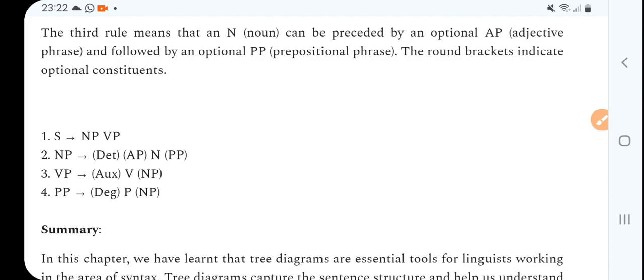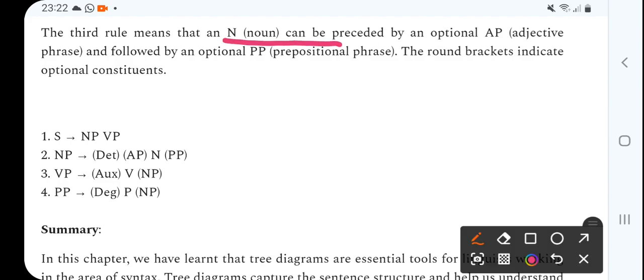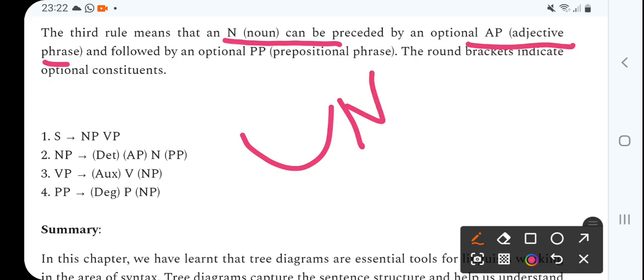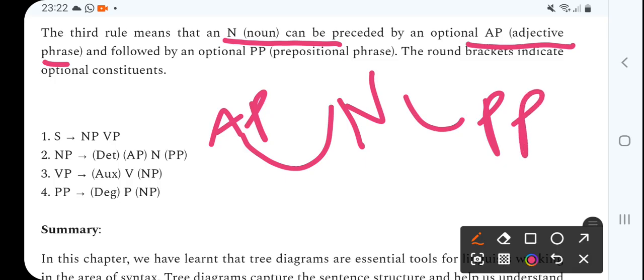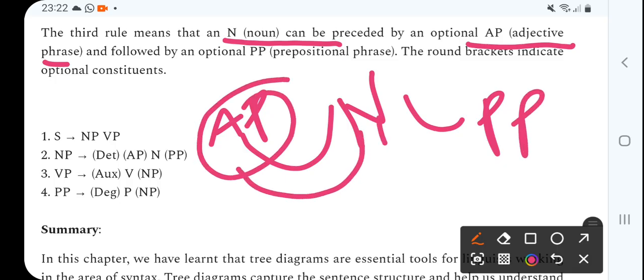Then the third rule means that a noun can be preceded by an optional AP, or adjective phrase, right? So that's the third rule. What a noun can be preceded by is an adjective phrase, and followed by a PP. That's the rule. The adjective phrase always comes this side and the prepositional phrase always comes this side.